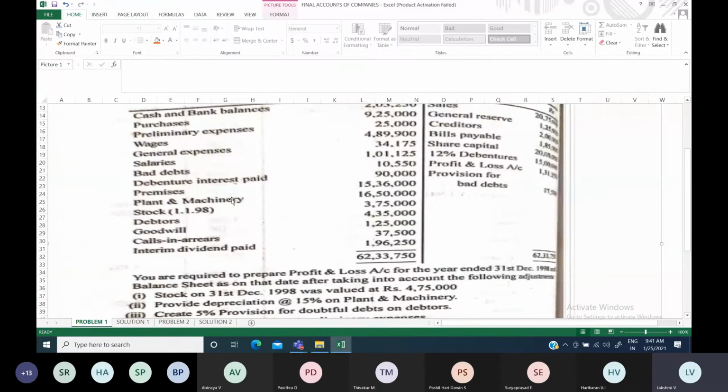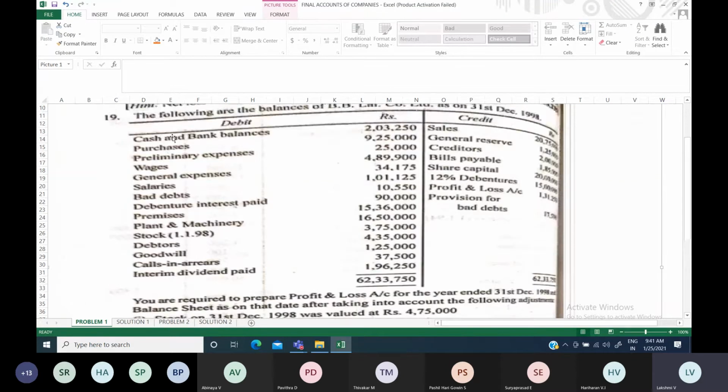So if you see debenture interest paid, that is what we are going to do right now. You have to go through each item, because if you do it here and there, your profit and loss account and balance sheet can sometimes become wrong. So it is better to go through each and every item and do it accordingly. Find out whether an item will come under the profit and loss account or the profit and loss appropriation. If it is there, do it, or else go to the next one. If you do like this, you won't skip any of the items.